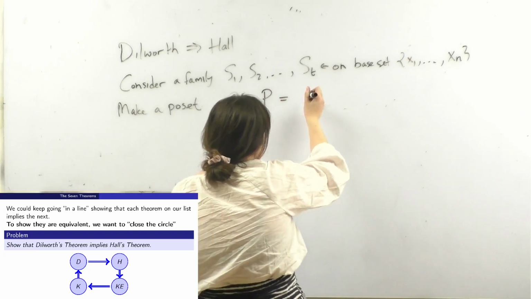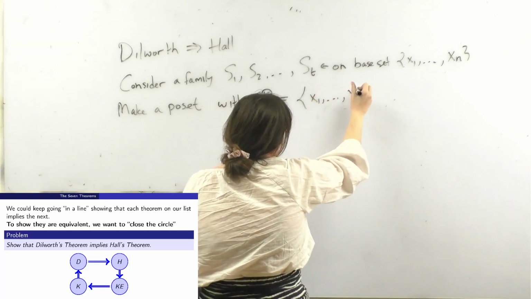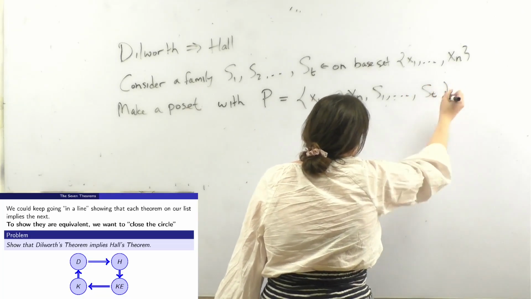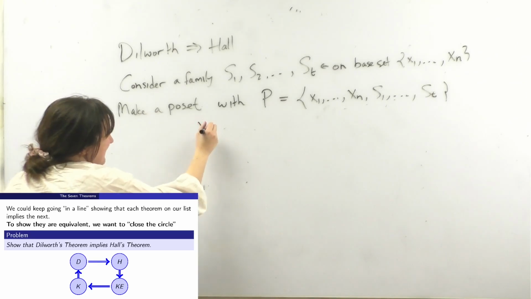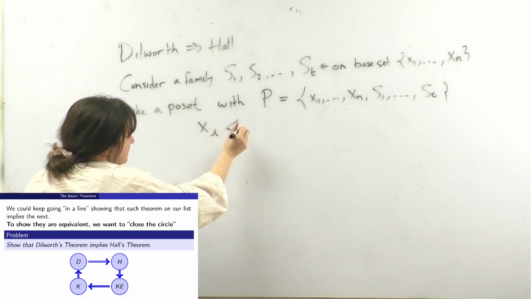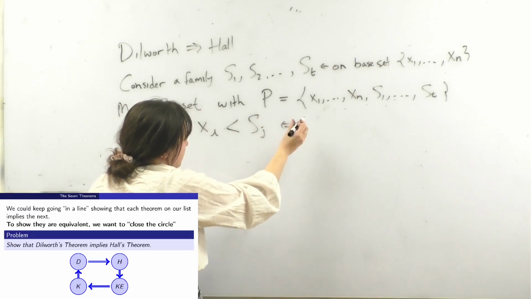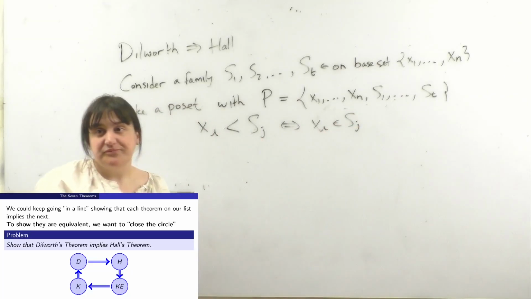So the actual set that my poset looks like is x1 through xn, s1 through st. And the way that I'm going to define my partial ordering is xi is strictly less than sj if and only if xi is in sj.